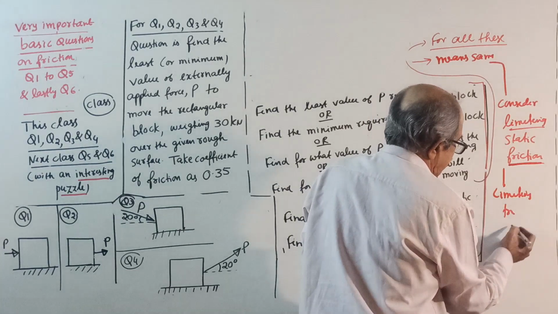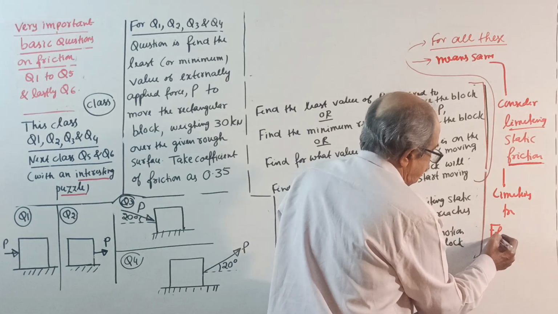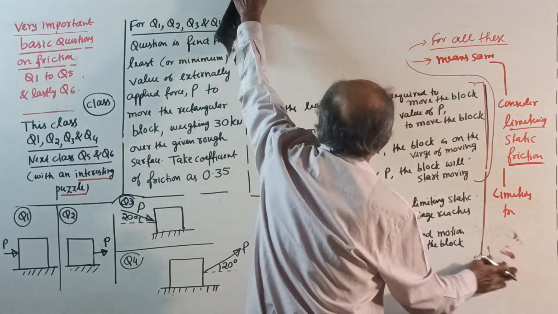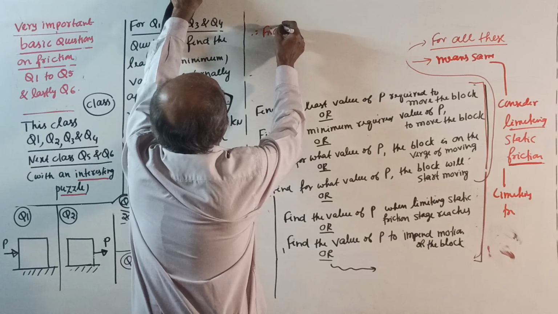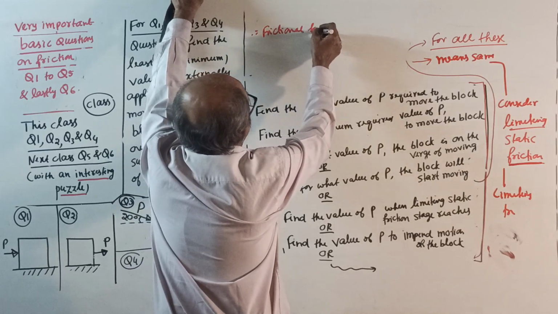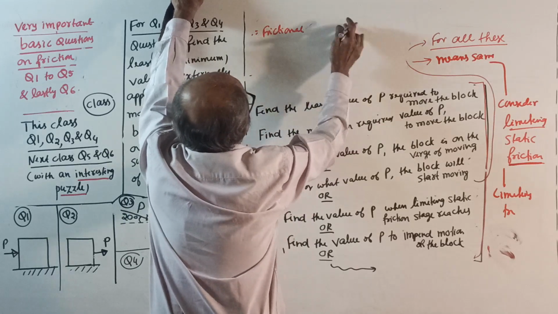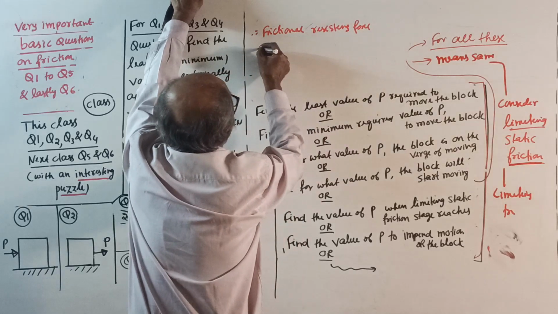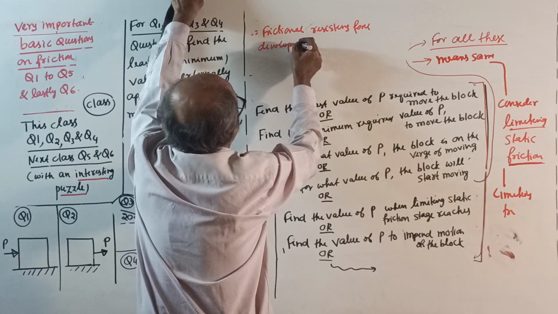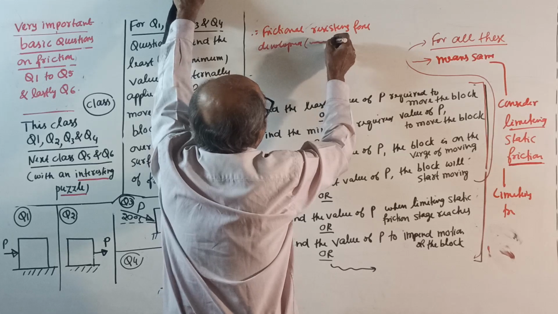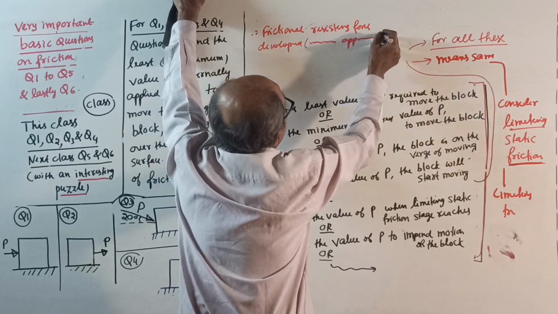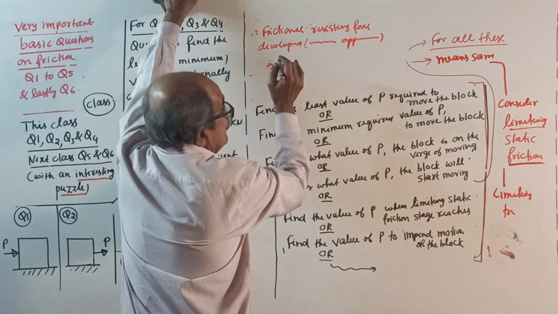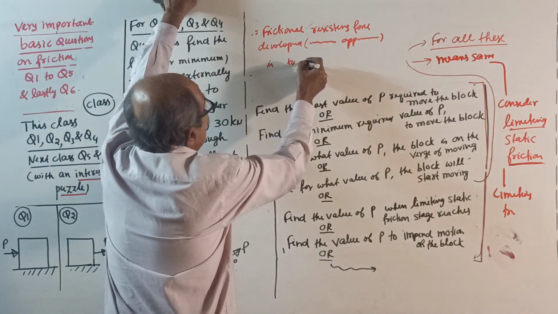Since it is the limiting friction case, the frictional force F_F limit will be right here. Therefore, the frictional resisting force developed, you write here, which is in a direction opposite to the direction in which the block is about to move, is to the left side.